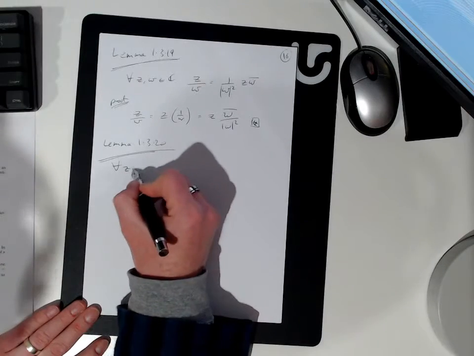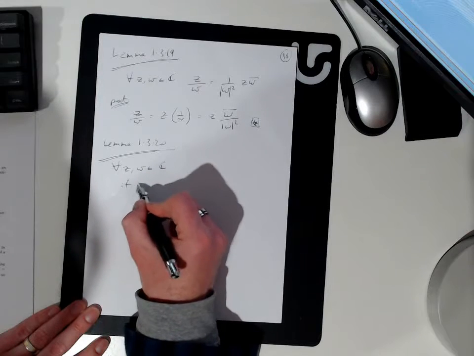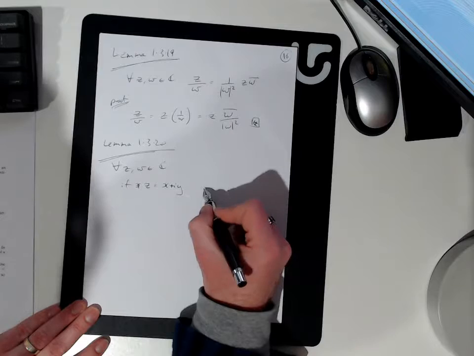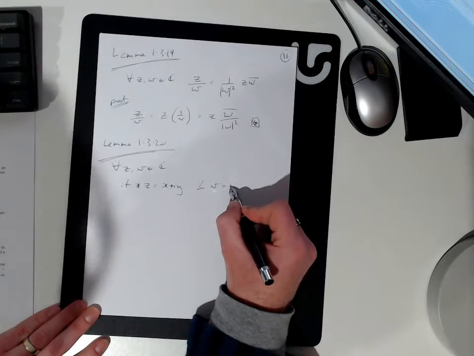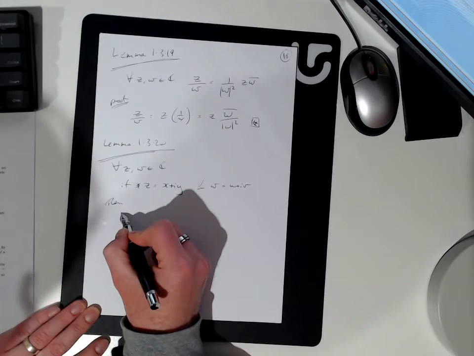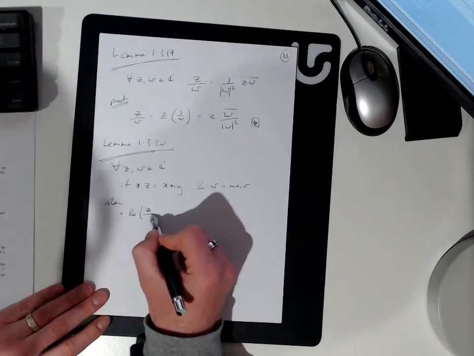So for all z and w in C, if z is equal to x plus I y and w is equal to u plus iv, then we have four facts, which of course are similar to things you've seen before.